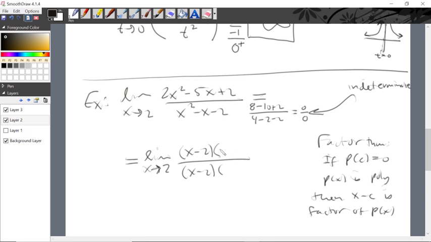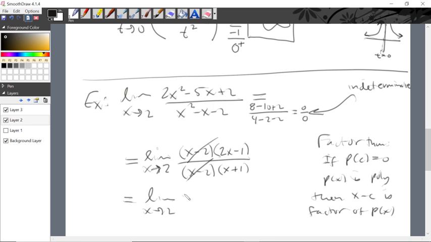What are the remaining factors? Well, up top we would have to have a 2x, and then minus 1. We can just check that by foiling: 2x squared, and we get a minus x minus 4x combined to a minus 5x, and then these multiply to a positive 2. The denominator, take out x minus 2, we would be left with an x plus 1. Now we can remove the discontinuity and rerun the limit.